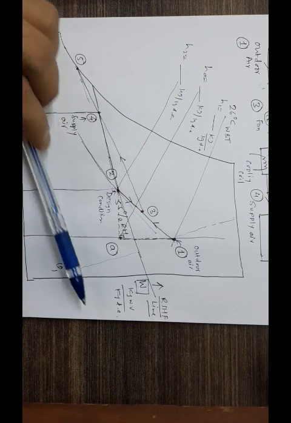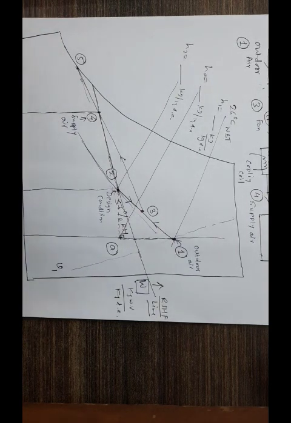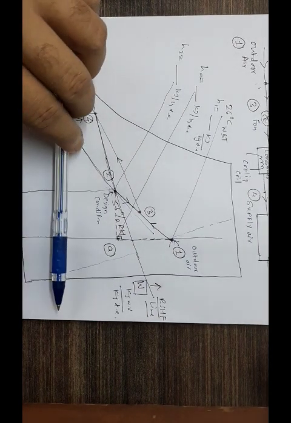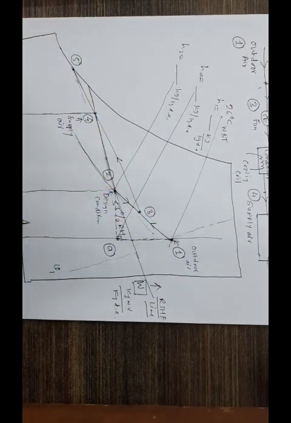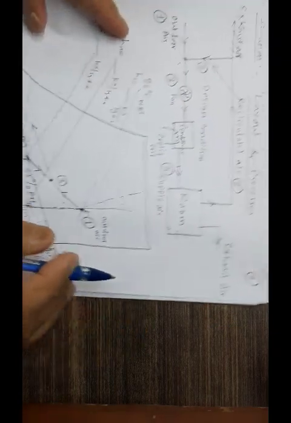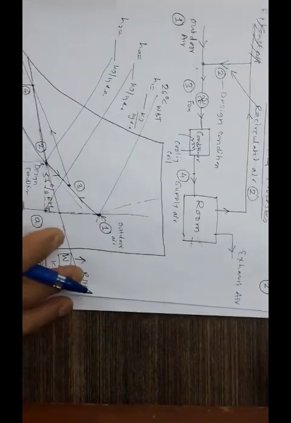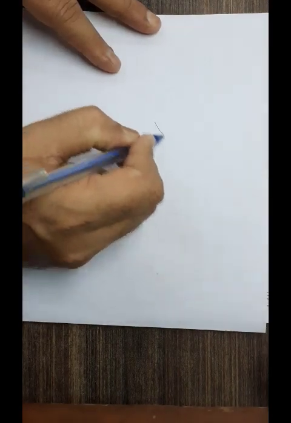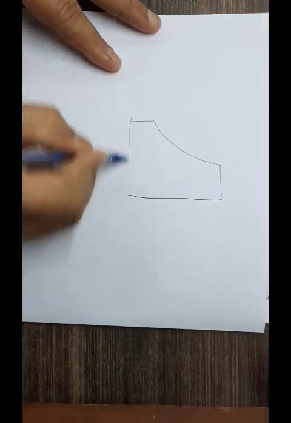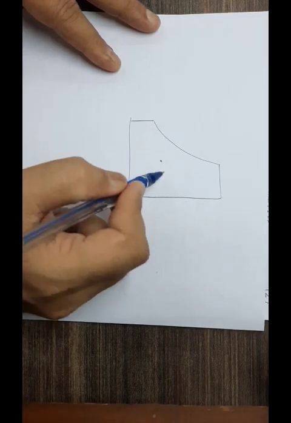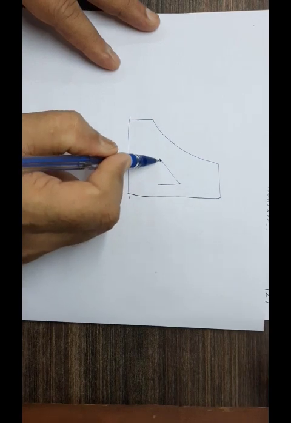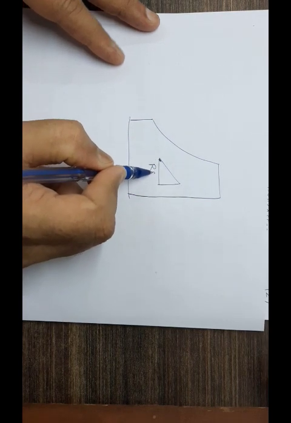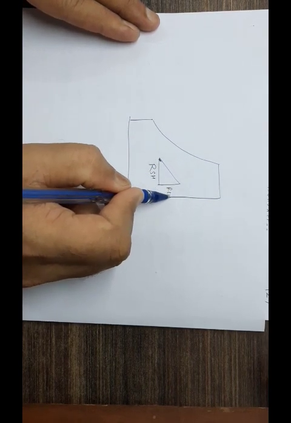If you consider 1 RSHF, it will be a line like this, and if you consider 0 RSHF, the line will be like this. Let me explain that here. Forget that problem for some time. This is your room sensible heat, room latent heat.